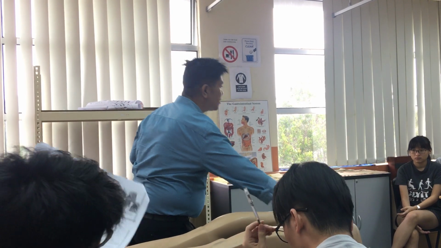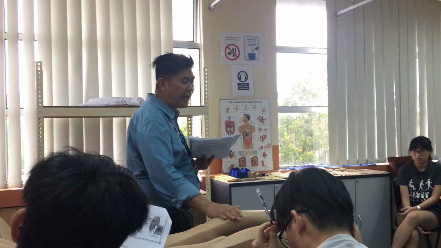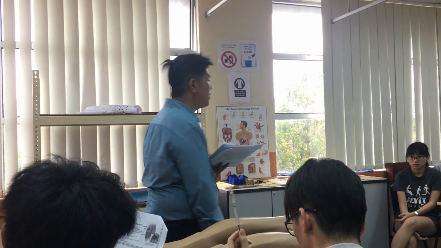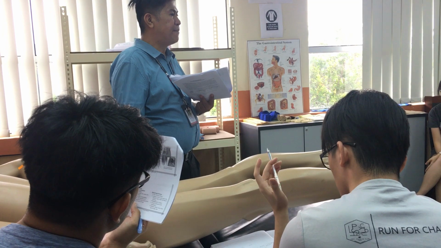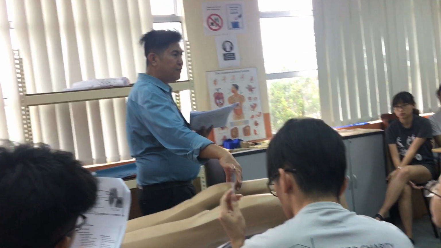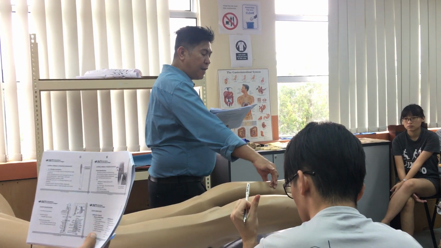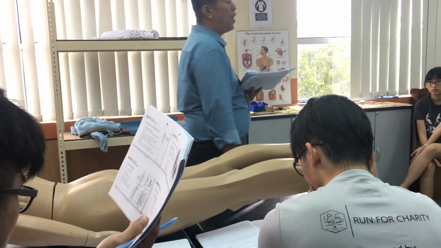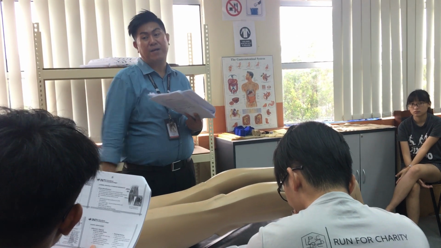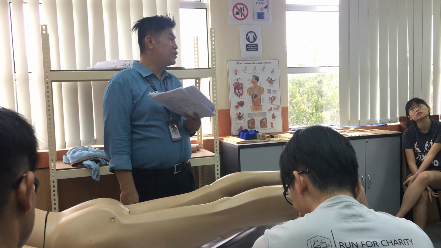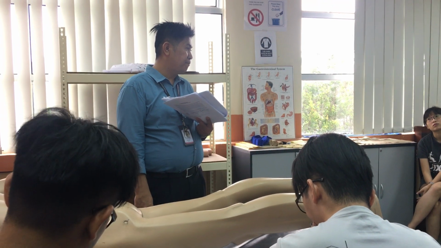There will be paralysis of the hamstrings, paralysis of the muscles of the calf, and paralysis of the muscles located at the sole of the foot. Everything there will be paralyzed because all of them are supplied by the sciatic nerve.